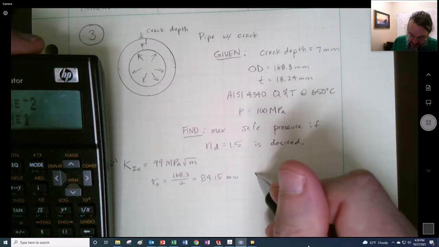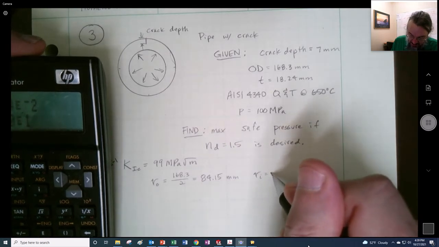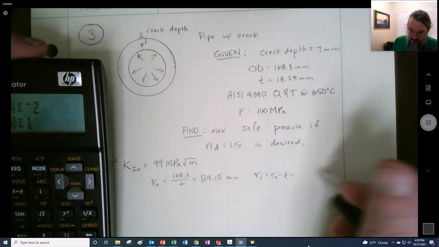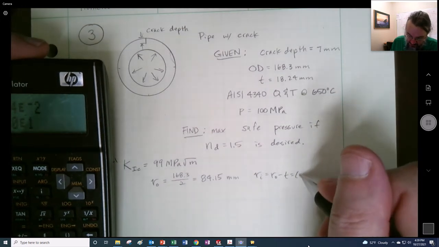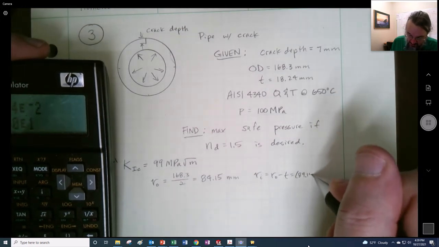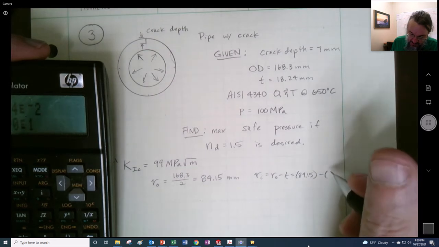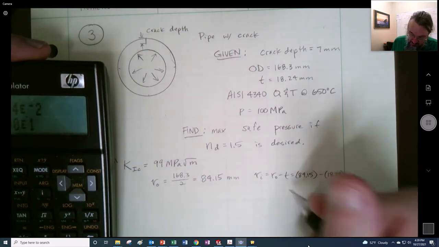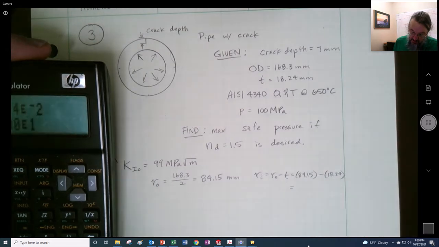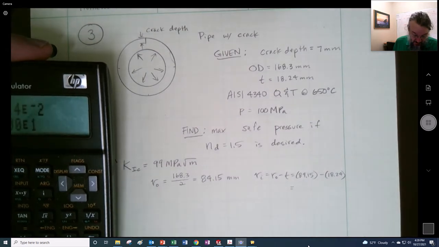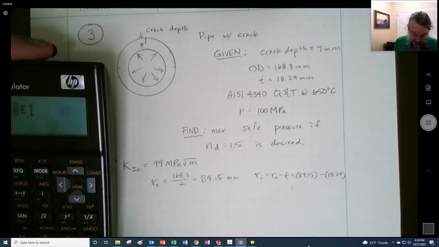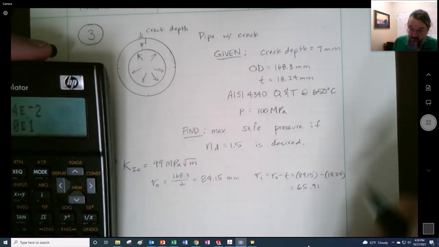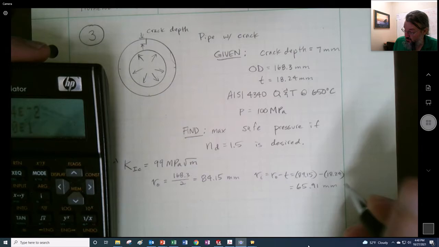And then Ri is just Ro minus the thickness. 84.15 minus 18.24, so you get 65.91 millimeters.